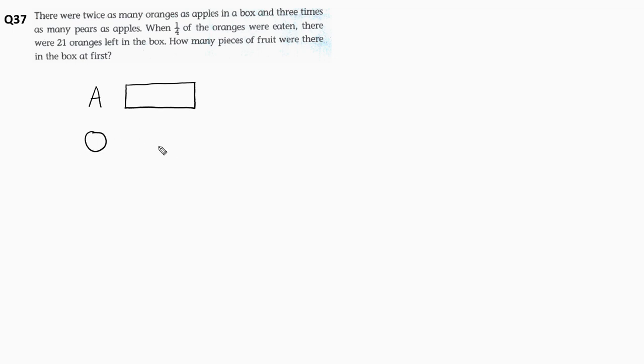So when I draw the oranges, I'm going to have twice what represents the apples. All these units have the same value, represent the same number of pieces of fruit. So I think I have captured that. Twice as many oranges as apples. Yep, I'm happy with that.